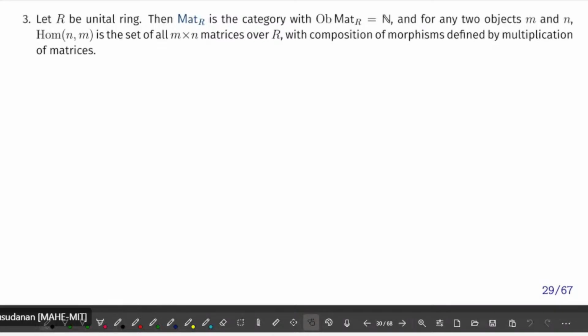Here what you do is take an arbitrary ring R, real matrices, it's still real matrices.